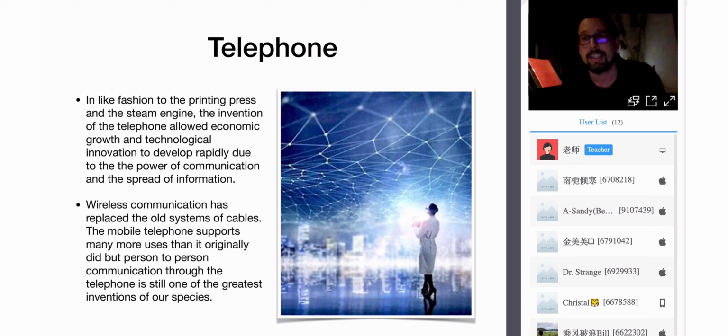Okay? Words and ideas matter in ways that we'll never really understand. Wireless communication has replaced the old systems of cables. The mobile telephone supports many more uses than it originally did, but person-to-person communication through the telephone is still one of the greatest inventions of our species.